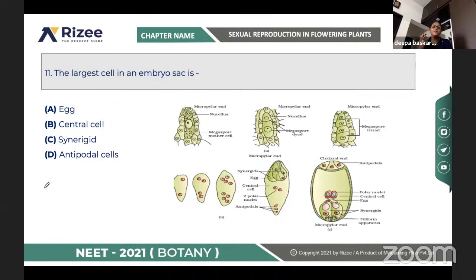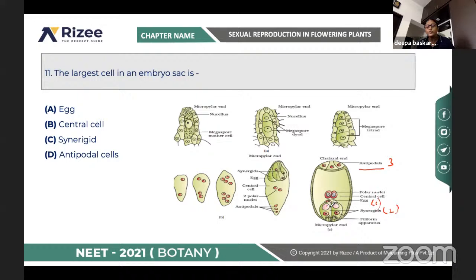Yeah. The largest cell in the embryo sac is, see, already I explained, totally 7 cells are there. Chalazal end has the 3 antipodal cells, which are small in size. And again, in the micropylar end, we are having 3 cells, 2 synergids and 1 egg cell.